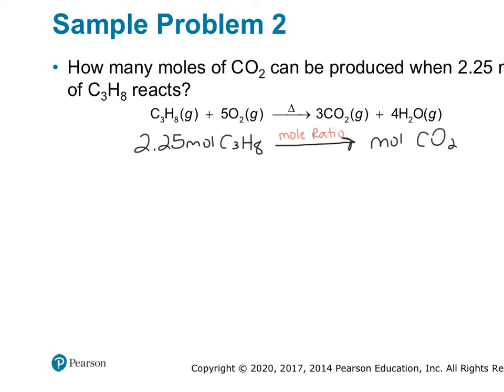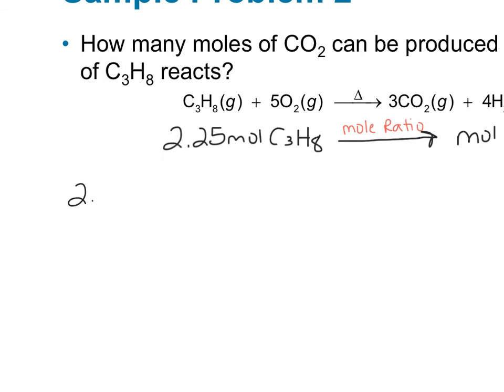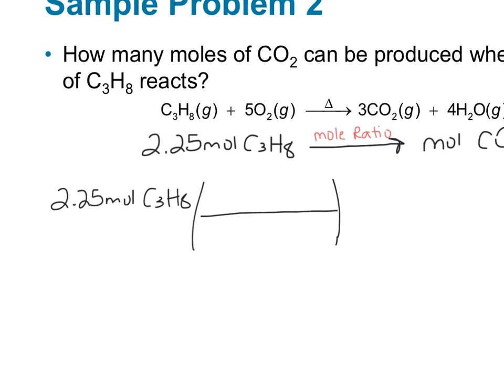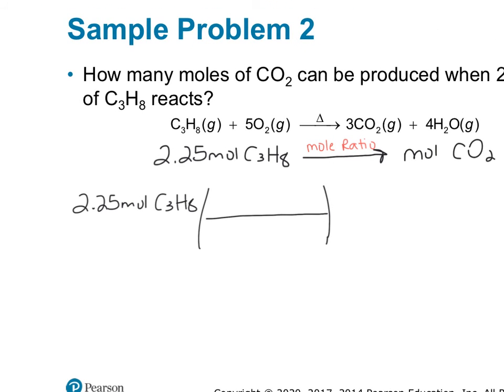I'm going to take the 2.25 moles of C3H8. That's my known, and that's what I'm going to start the problem with. Then I'm going to put in my conversion factor. The unknown, CO2, is going to go on the top.